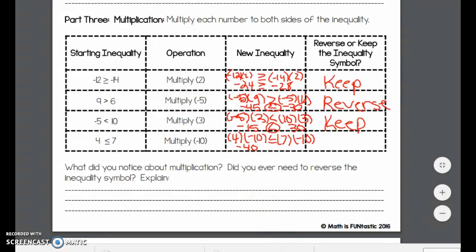And 7 times negative 10 is negative 70. So which one's greater? Negative 40. Good. So that's why we have to reverse the sign.